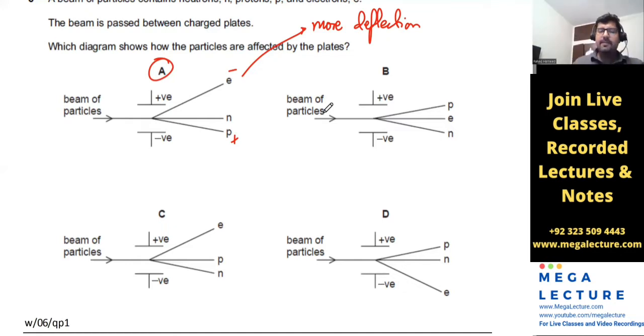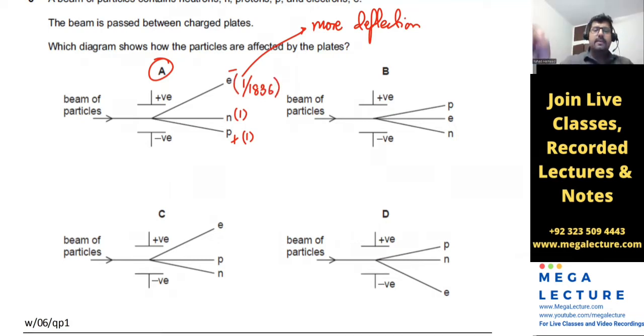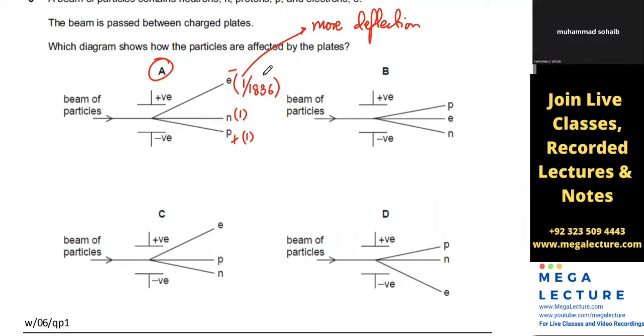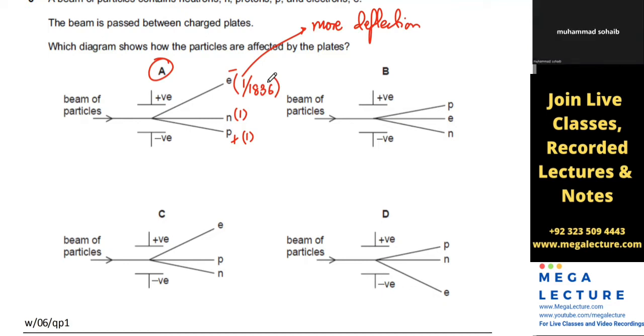I'll explain. What is the mass of a proton and a neutron? It's relative mass. It's 1, and this one is 1. What is the mass of an electron? That's 1 over 1836, or 1840. It has a lighter mass, exactly.